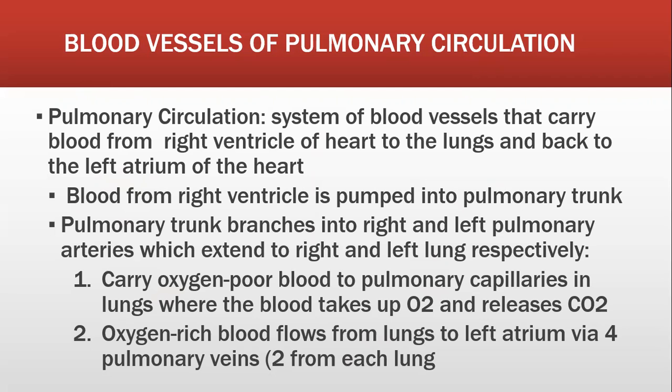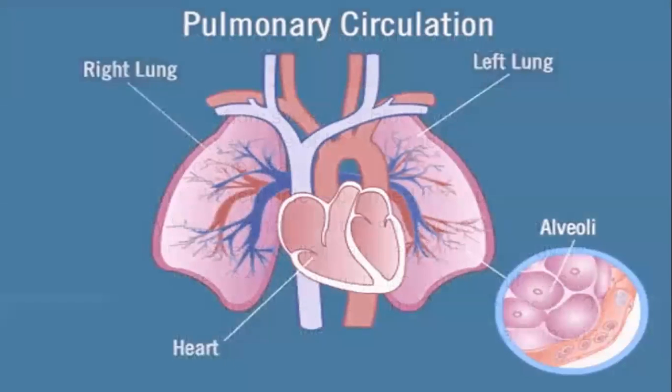They carry the oxygen-poor blood to the pulmonary capillaries in the lungs, where the blood takes up oxygen and releases carbon dioxide. And this oxygen-rich blood flows from the lungs to the left atrium via four pulmonary veins, two of which can be found in each lung.